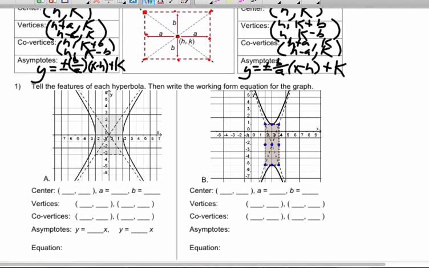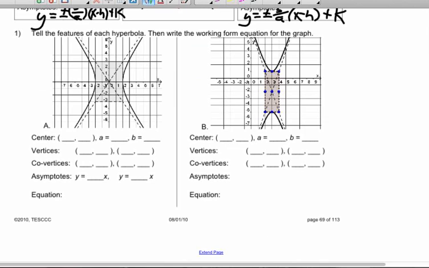All right, so let's take a look at this guy then. Tell the features of each hyperbola. The center, all right. The center is obviously where our two asymptotes intersect, all right? And this is going to be important on page 4. My center on this one is at 0, 0.